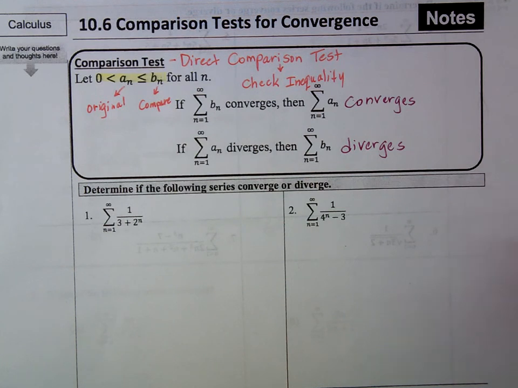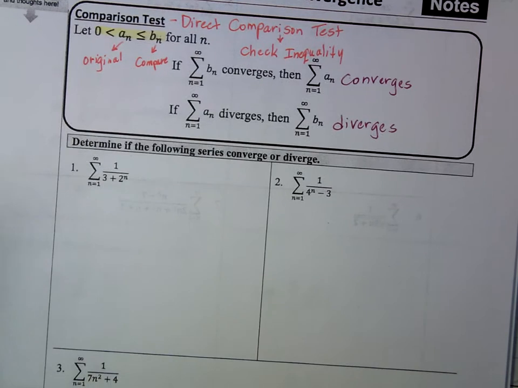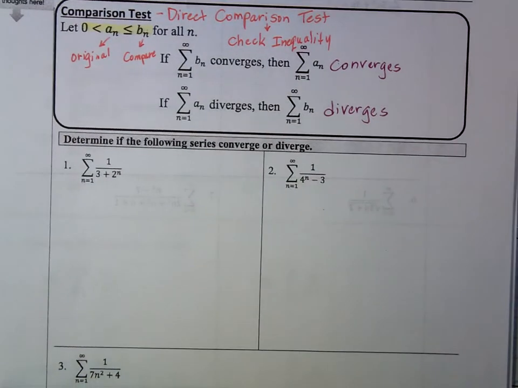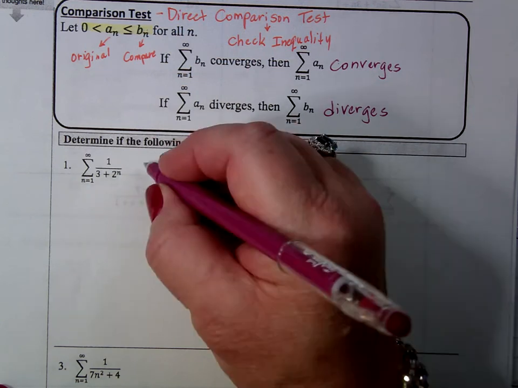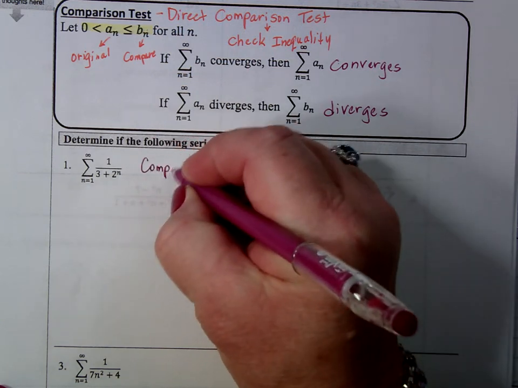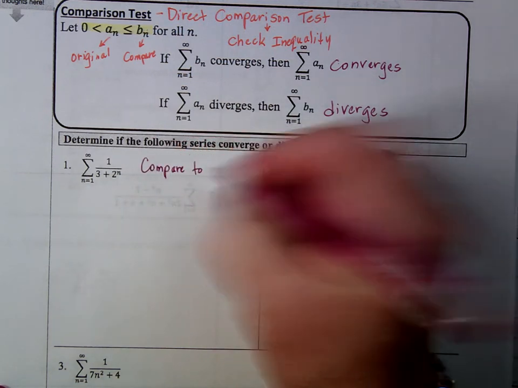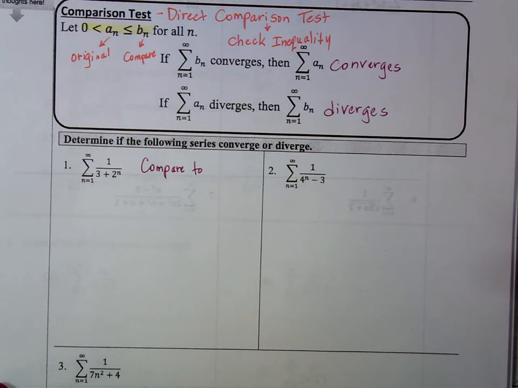Okay, so let's try a couple problems. What do you mean compare? And here's what I mean. I'm going to look at the fraction I'm given. This is my A sub n fraction, and I've got to figure out something that I want to compare it to. And what I want to compare it to is going to be something a little simpler.